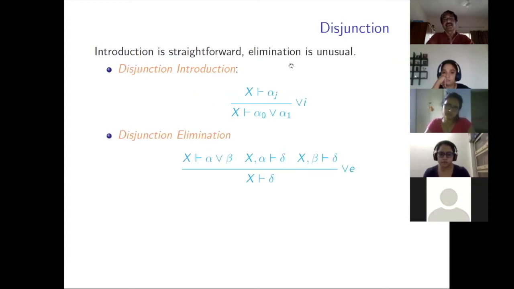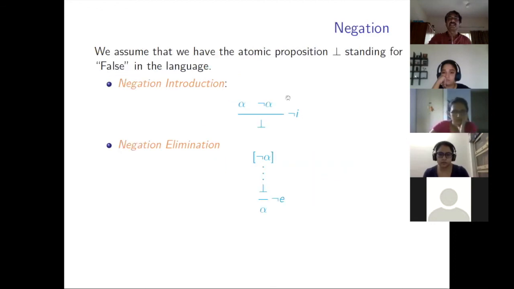If you have derived alpha or beta, assuming alpha you derive delta, assuming beta you derive delta, then from that you derive delta. Disjunction introduction is from alpha 0, you can derive alpha 0 or alpha 1. From alpha 1, you can derive the same. That leaves negation. As I said, this is really bottom introduction and bottom elimination, as I call it.